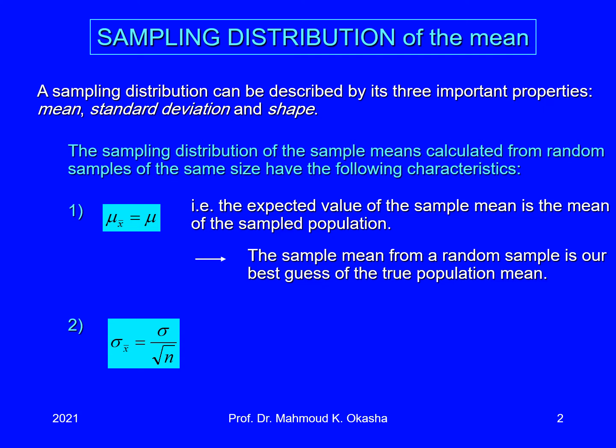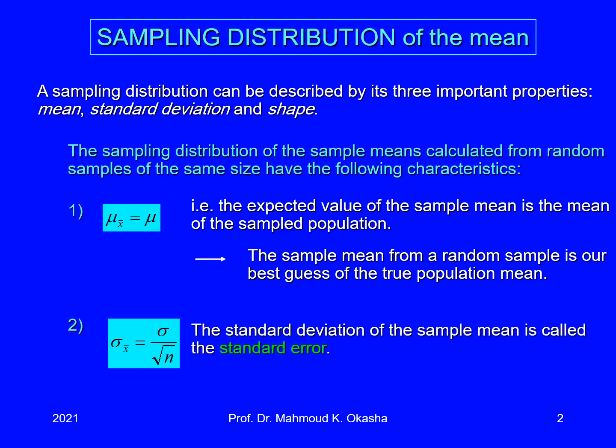We said the first one is that the expected value of X bar is mu, and the second result is that the standard error of X bar is the standard deviation of the population divided by the square root of n, the sample size. This we call the standard error. The variance, sometimes called mean square error, is the standard error squared.